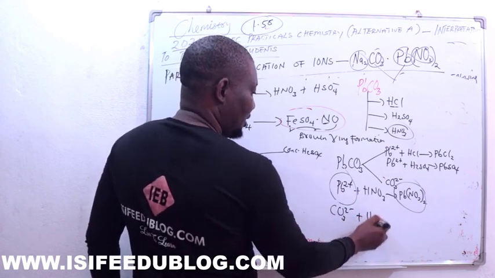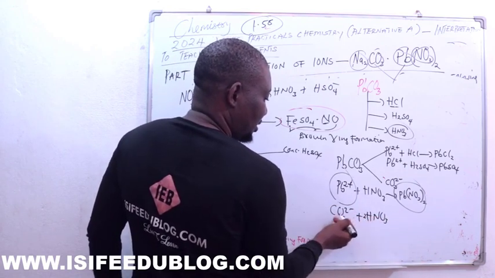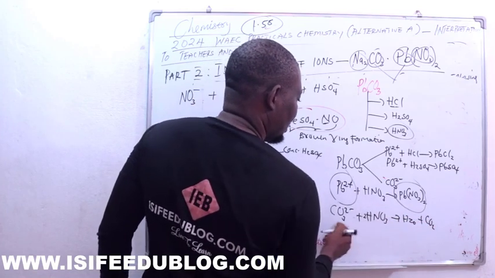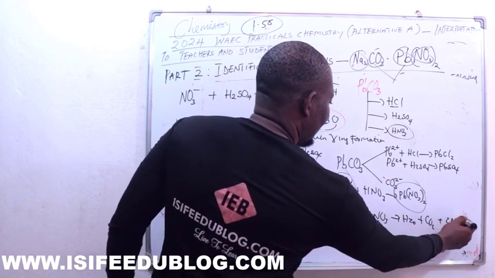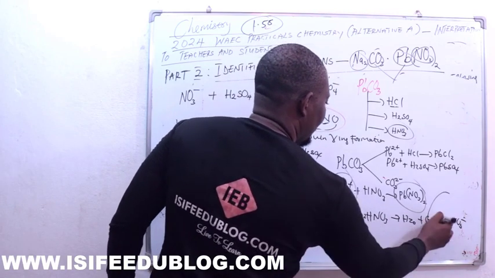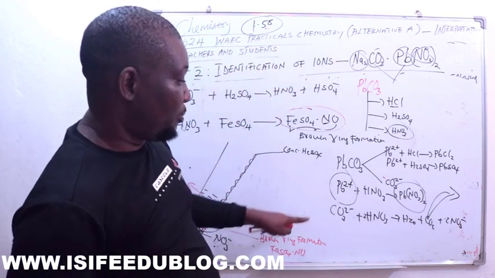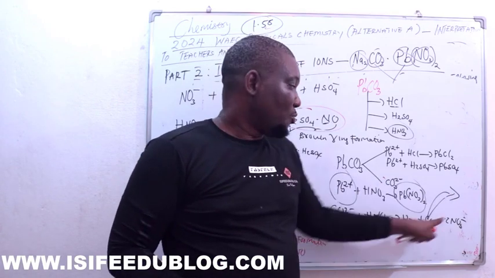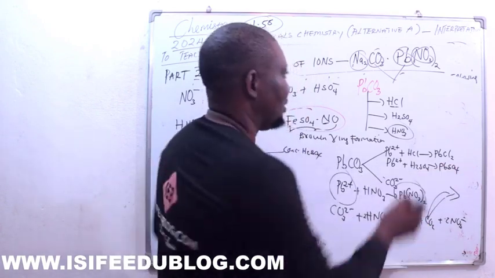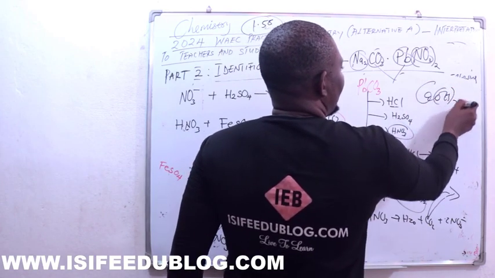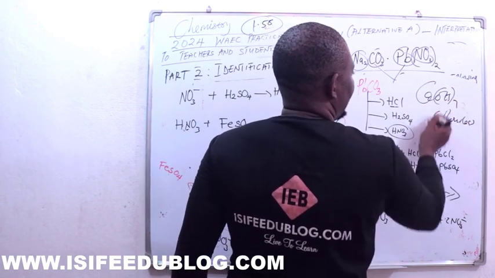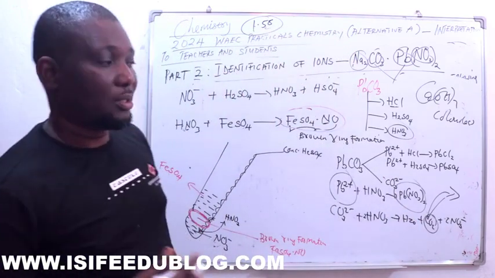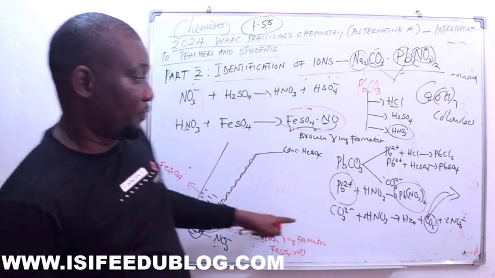So this plus HNO3: 2H+ will be 1 here, we have H2, what remains of this is CO2, and what remains is 2NO3-. The CO2 goes away as gas, which you can test by passing it over lime water. Lime water is calcium hydroxide, whose solution is colorless. As soon as the gas is passed over it, to confirm that the gas is CO2, the lime water turns milky. That confirms the gas.